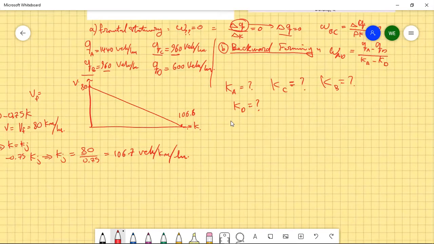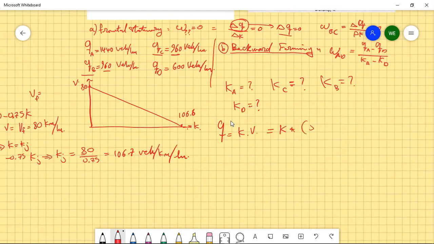Q equal K multiply V. So if we multiply the speed by K, here is K, multiply the speed.